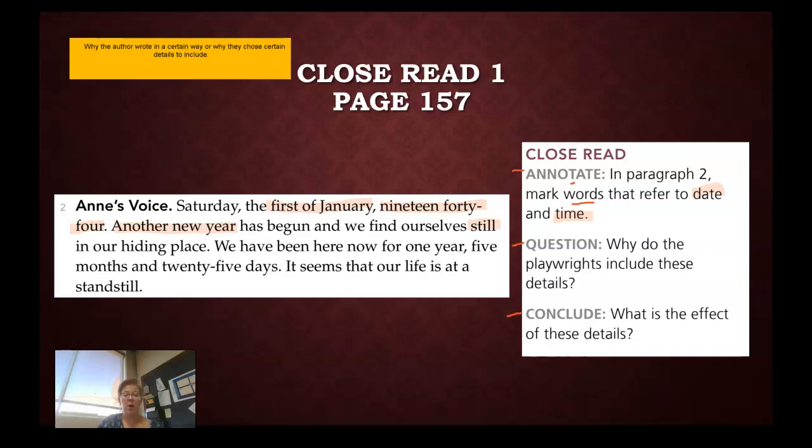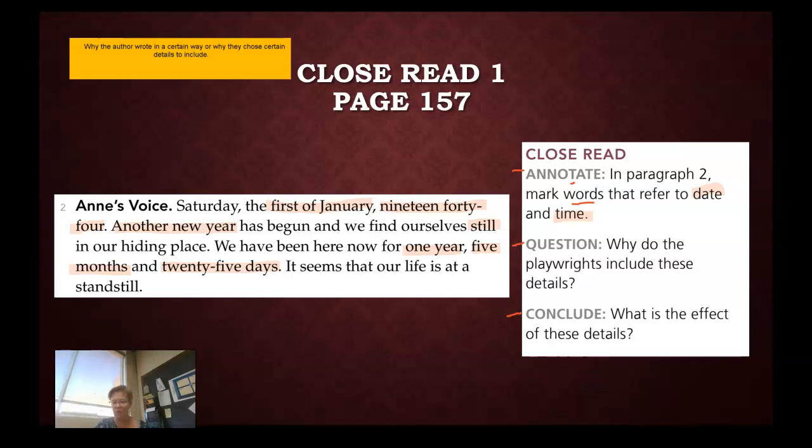We have been here now for 1 year, 5 months, and 25 days. So she's telling us, right? She's writing in her diary. This is her diary entry, right? Just her voice. So when I hear this, I think when someone tells me the exact year, months, and days, that means they're counting the days.